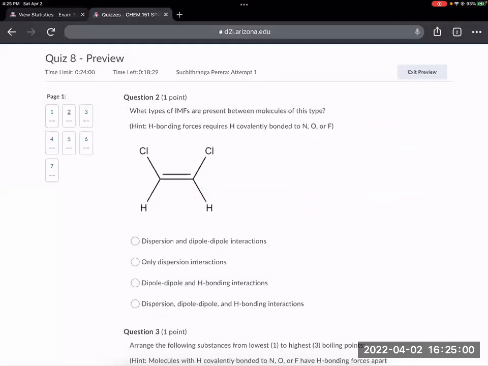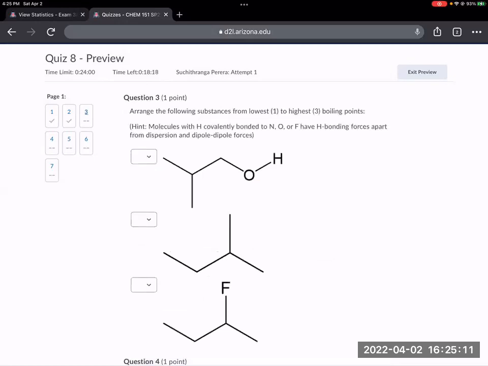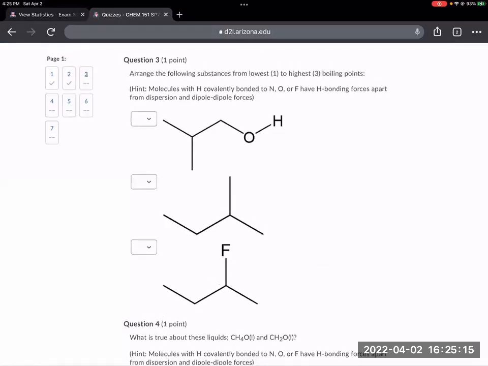Now, dispersion and dipole. Let's go to the third question. The third question is about ranking these substances from lowest to highest boiling point. Highest boiling point should have number 3.